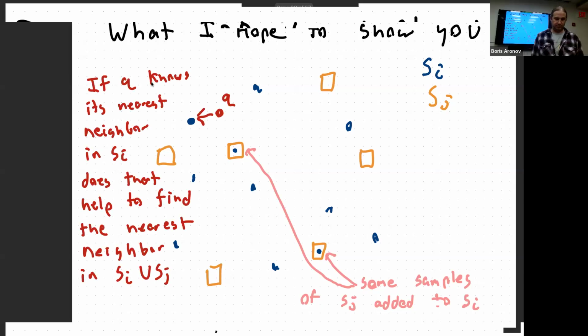Now, what I want to know is, if we know our nearest neighbor in SI, could this possibly help us find the global nearest neighbor? So I found the nearest neighbor among the blues. Does this help me find the nearest neighbor among the oranges?